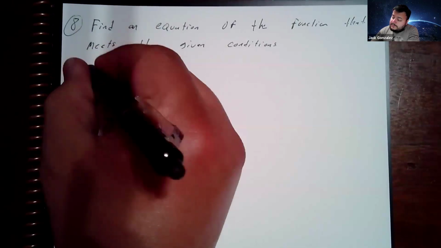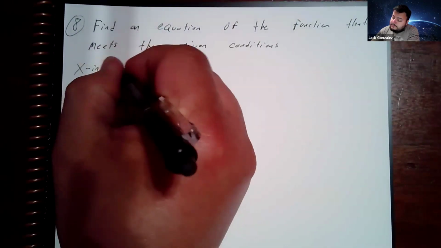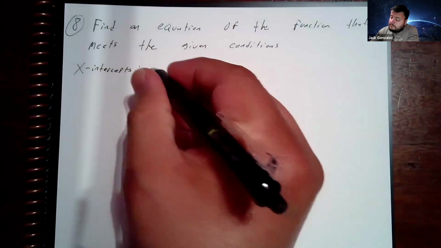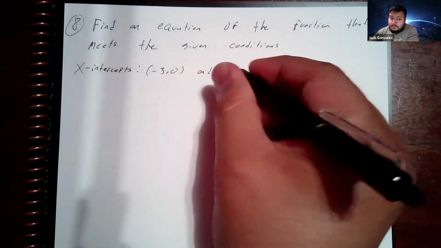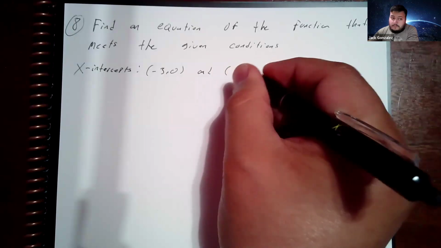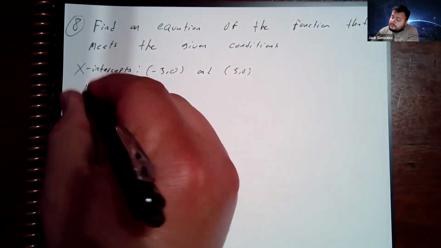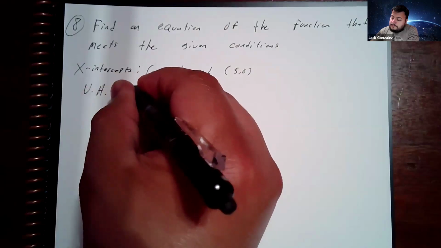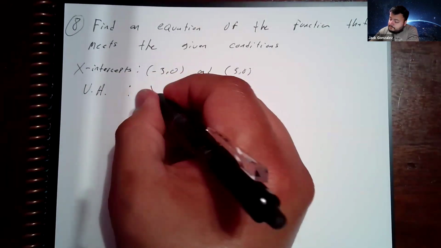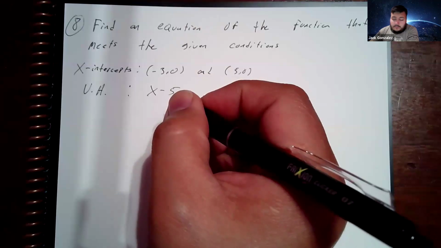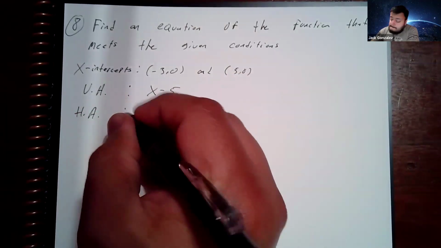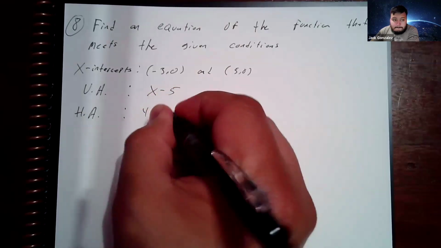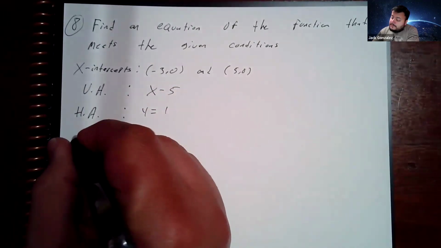We got x-intercepts. We have a vertical asymptote. We have a horizontal asymptote. Y-intercept.